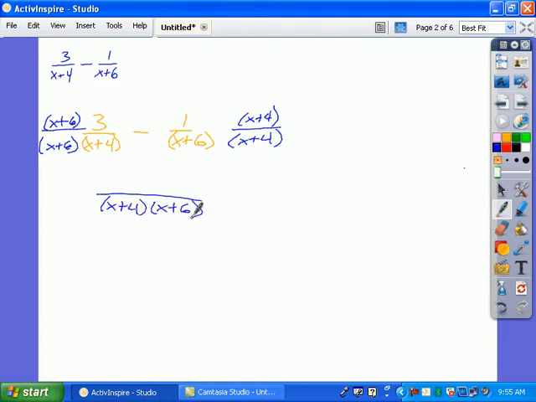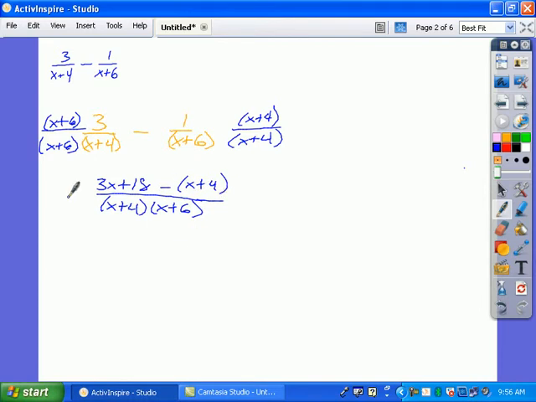And so I'm going to write everything as one fraction. So this becomes 3x plus 18 minus, and for the moment, let's leave this as x plus 4 like this. The reason I do that is because I want everyone to see that this minus sign is going to get distributed to the entire second part of the fraction.